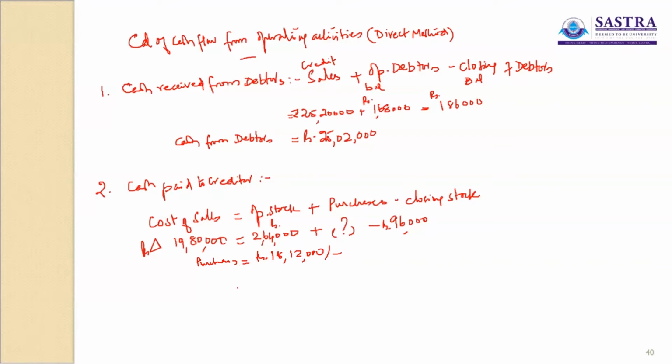Using the amount of purchases, cash paid to creditors can be calculated. This is calculation 2A and 2B, cash paid to creditors.